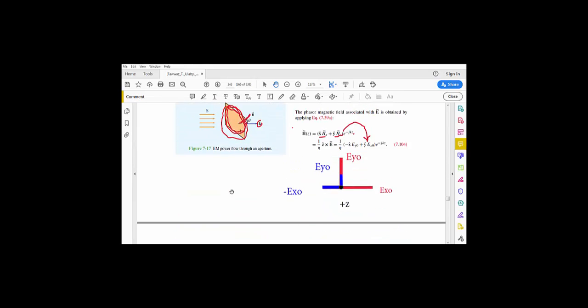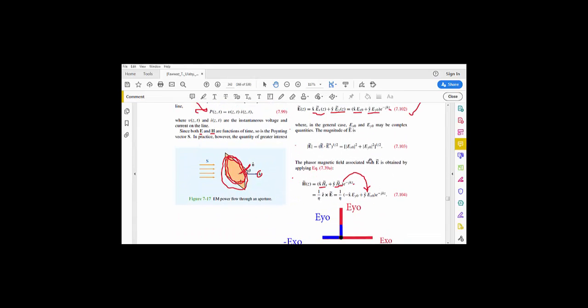So this summation of x naught square and y naught square, under the square root, is equal to the magnitude of the electric field, okay. According to that, this could be written as the magnitude of the electric field squared, because we are talking about the square of the x component plus the square of the y component.